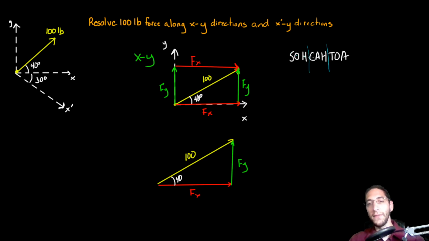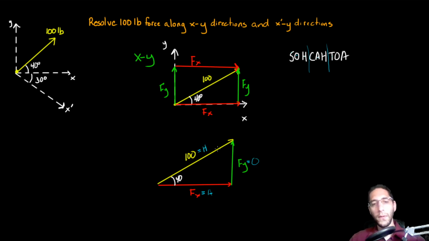The cosine of the angle is the adjacent over the hypotenuse, and the tangent of the angle is equal to the opposite over the adjacent. Because this 40 degrees is the angle we're working with, Fx right here becomes our adjacent, Fy right here becomes our opposite, it's opposite from our angle, and 100 right here is our hypotenuse.